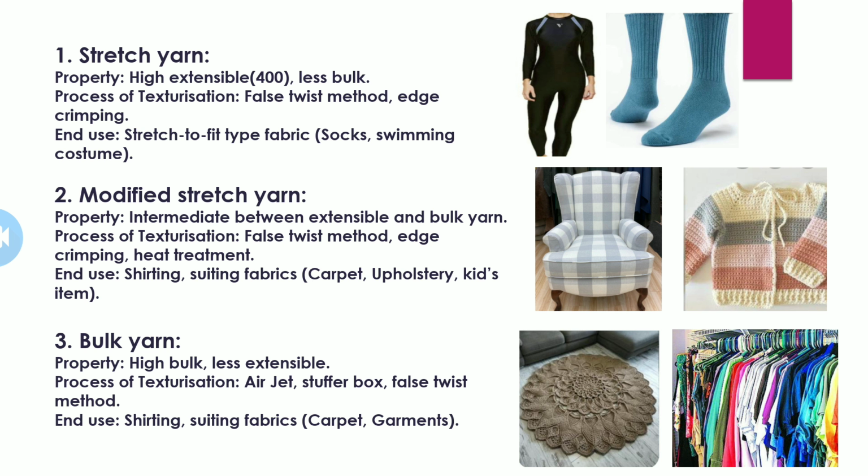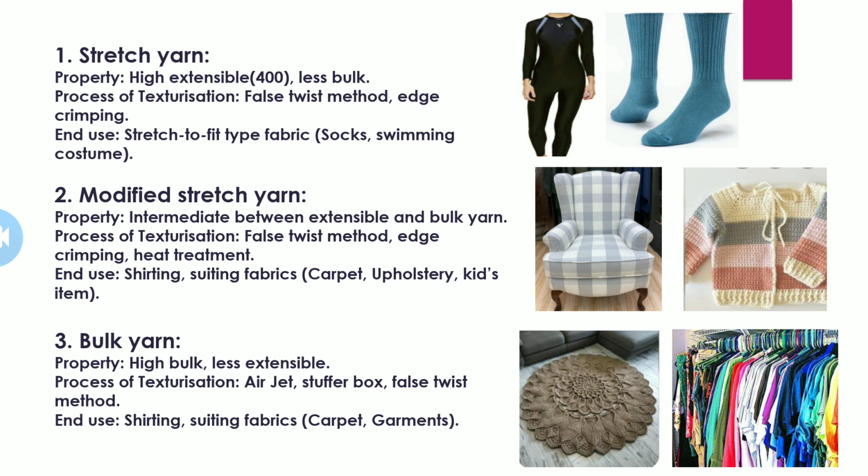Number 2, modified stretch yarn. Property: intermediate between stretch and bulk yarn. That means this yarn exhibits moderate degree of stretch, moderate bulk per unit weight, helical and planar crimping. Process of texturation: false twist method, edge crimping and heat treatment.